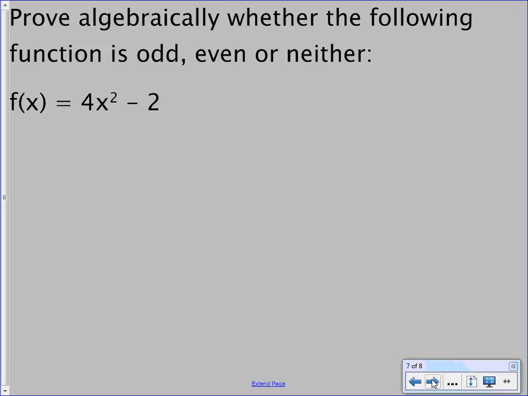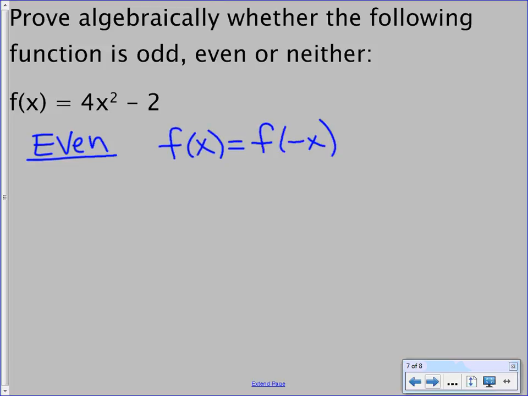So here I have a function, f of x equals 4x squared minus 2. How do we tell if it's even algebraically? What'd you write down? F of x is the same as f of negative x. Well, we know that f of x is 4x squared minus 2.